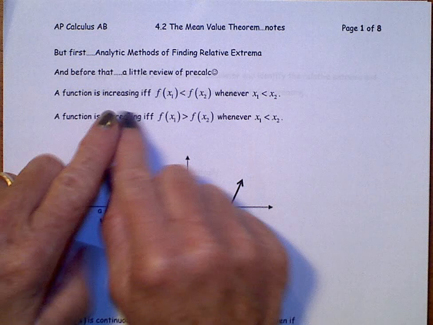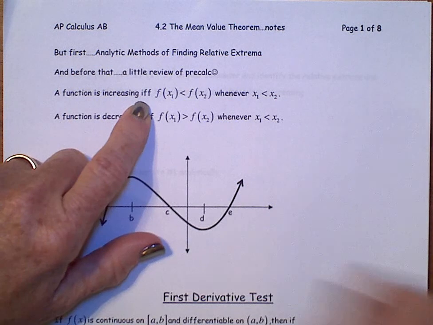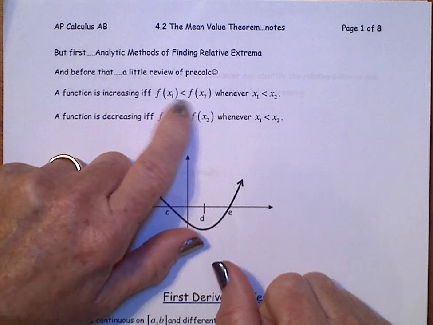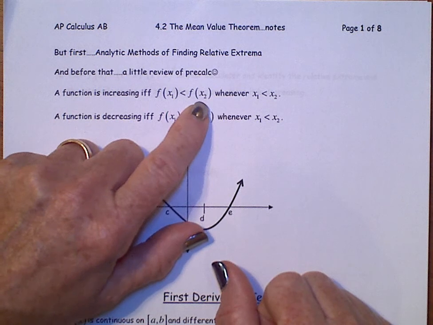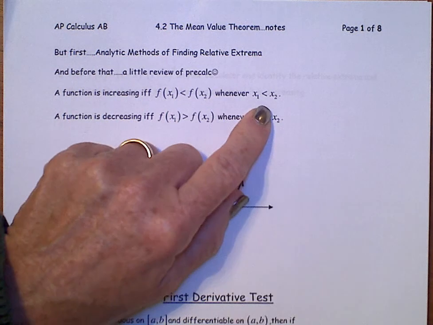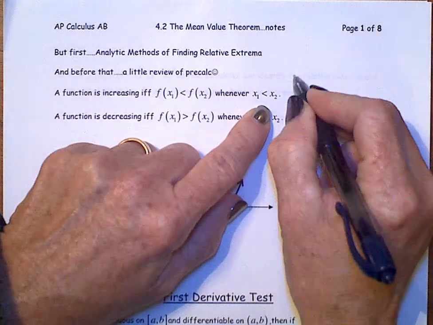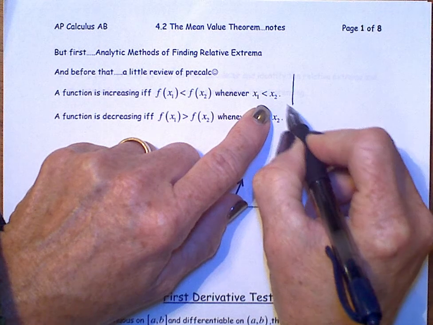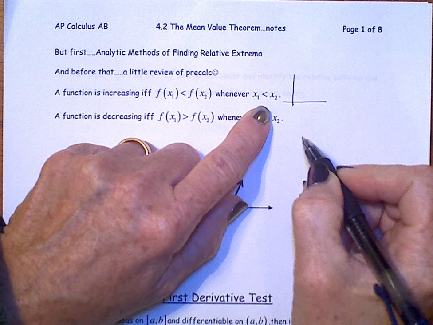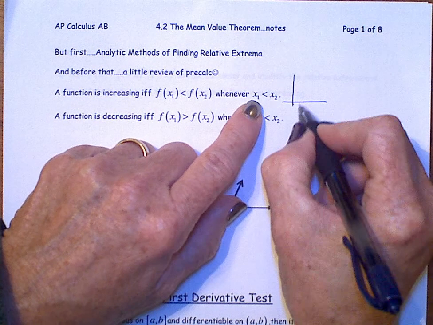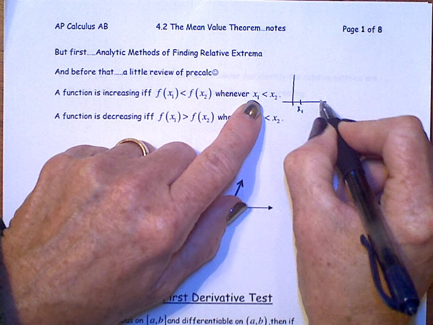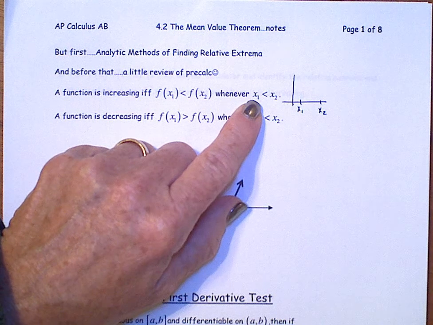A function is increasing if and only if f of x sub 1 is less than f of x sub 2 whenever x sub 1 is less than x sub 2. Alright, let's sketch a graph so we can follow what that's talking about. We've got some x value, x sub 1, and another x value, x sub 2.